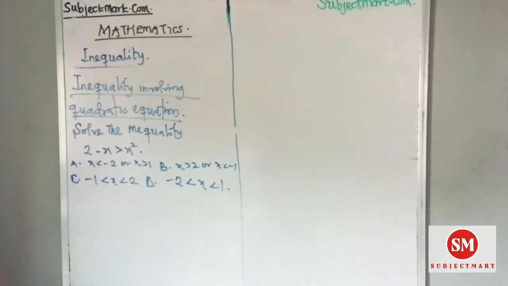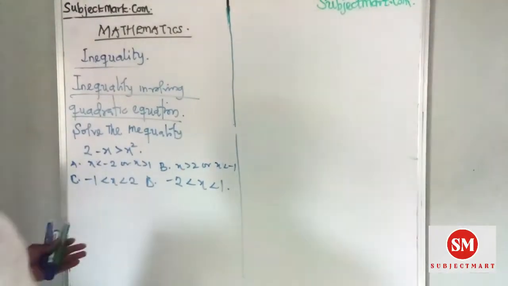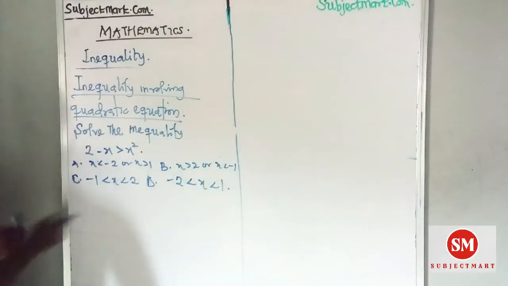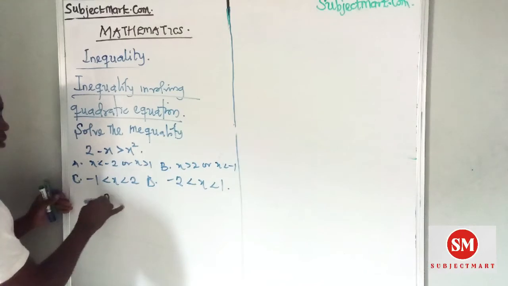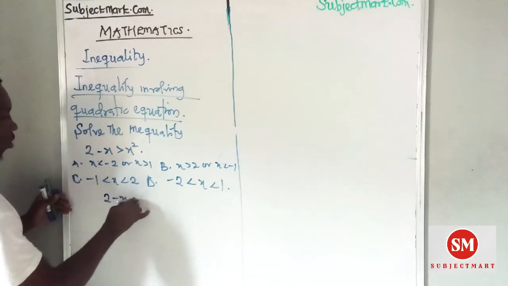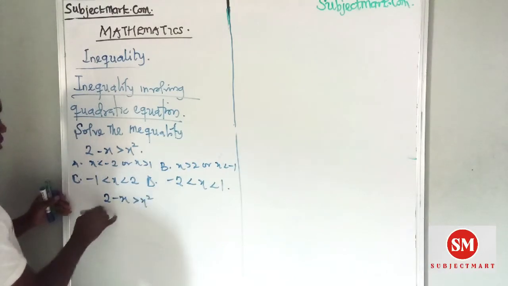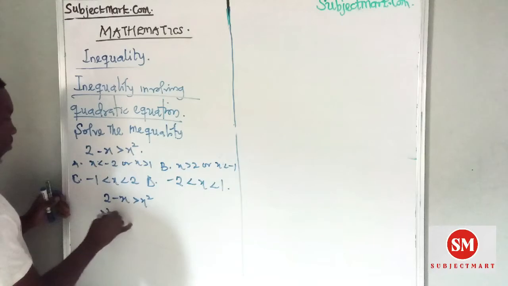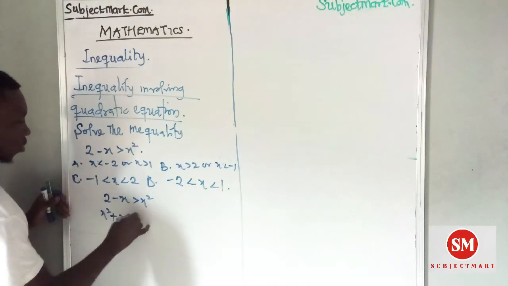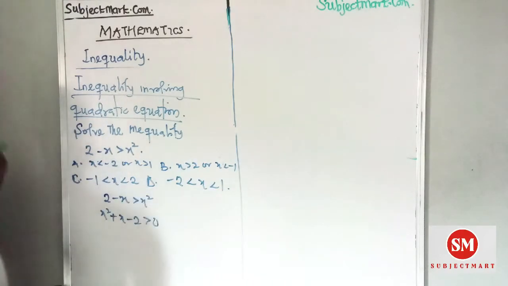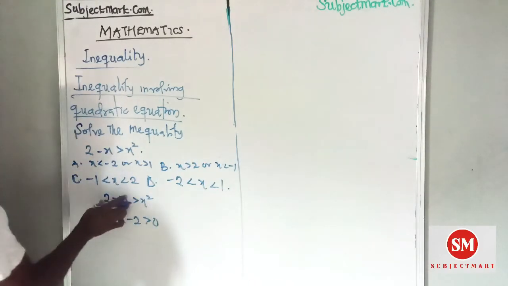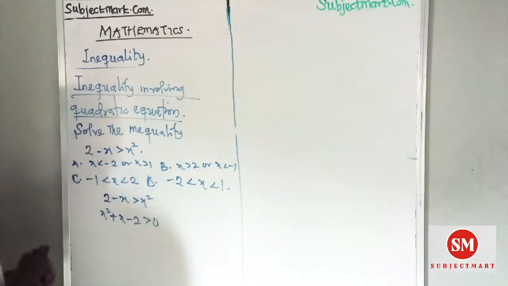So going further here, we have this question, an inequality, that 2 minus x is greater than x squared. So x squared plus x minus 2 is greater than 0. Collecting like terms, I moved all this to this side, making it equal to 0.